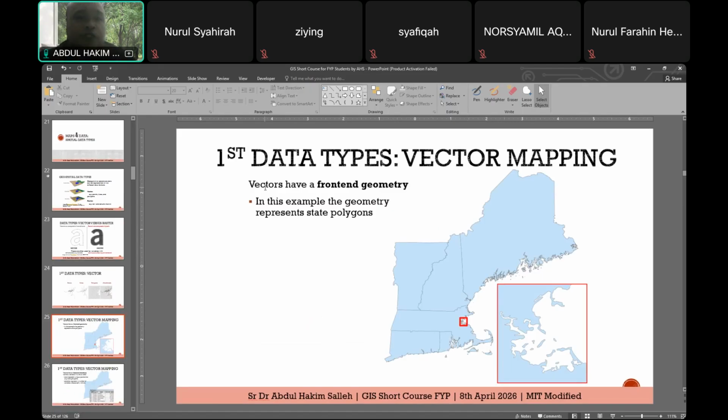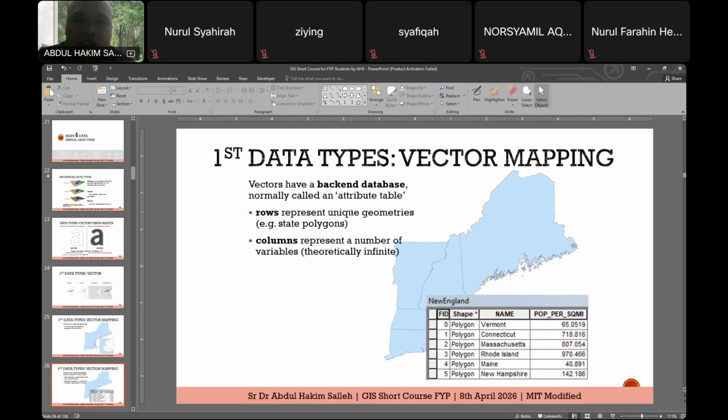Vector has a front end geometry. Okay. In this example, the geometry represents state polygons. When we talk about front end, it is something that is being shown to you. Okay. But vector also has some manually input data, which is known as the back-end database.